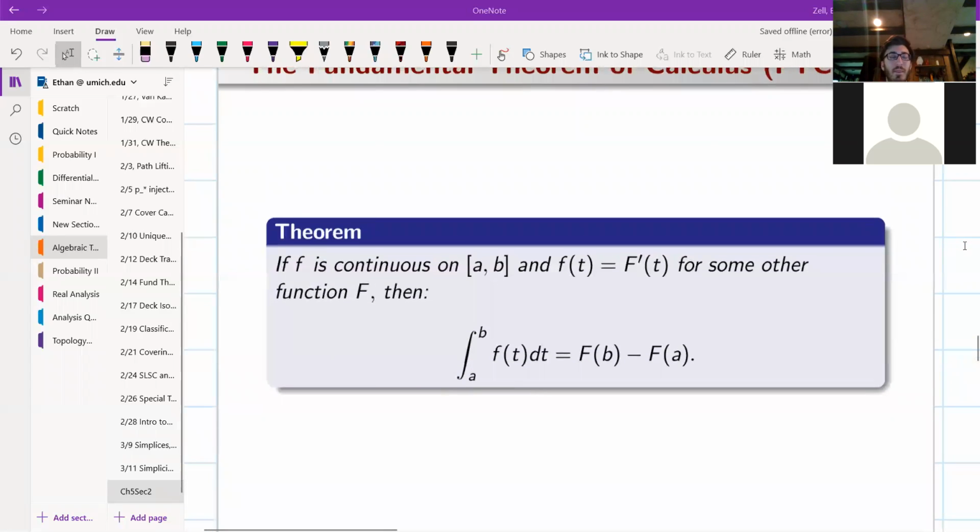So it goes something like this, same setup as we've had previously in the course. We have some continuous function f, living on a closed interval [a, b]. And we have the additional information that little f of t is the derivative of big F of t for some other function big F, okay?